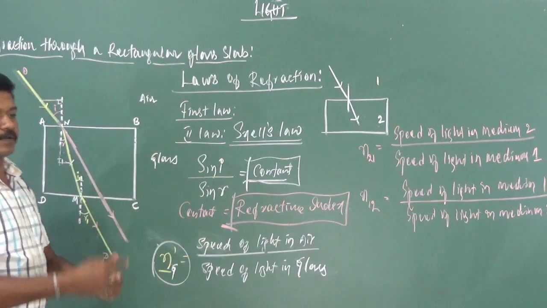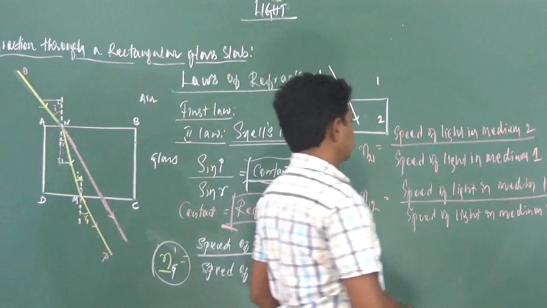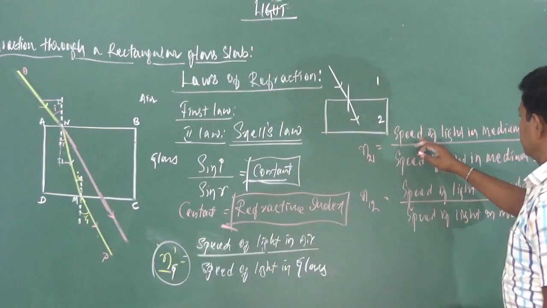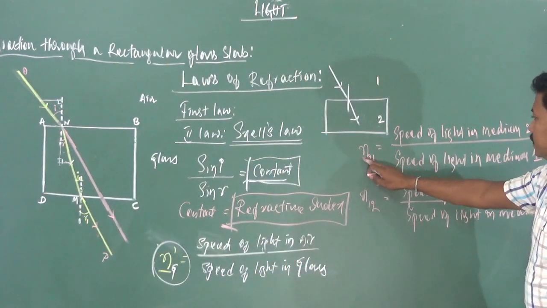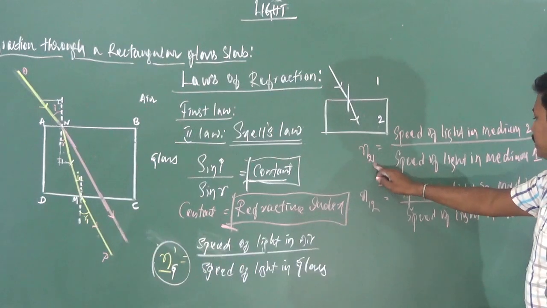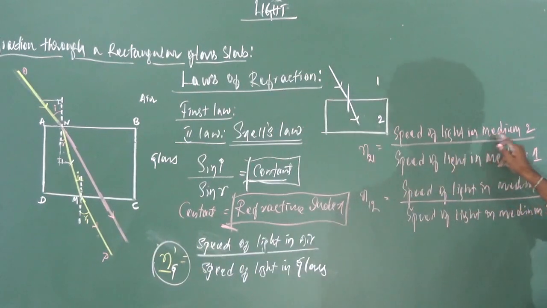That's called refractive index. So the refractive index of medium 2 with respect to medium 1 is the speed of light in medium 1 by speed of light in medium 2.